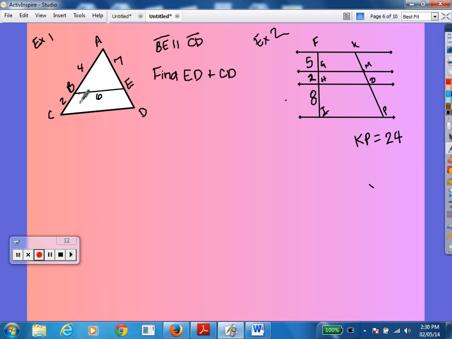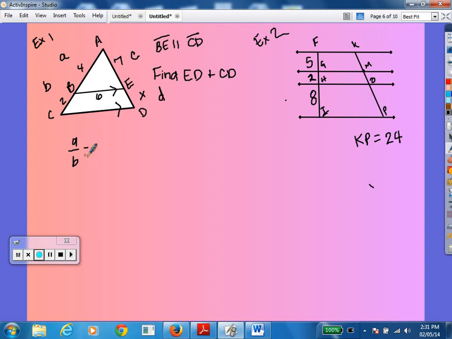So here you have the side splitter theorem where BE is parallel to CD, and you have to find ED, which is this guy, and you have to find CD. So first let's do the labeling. This is A, this is B, this is C, this is D. So we're going to set it up.